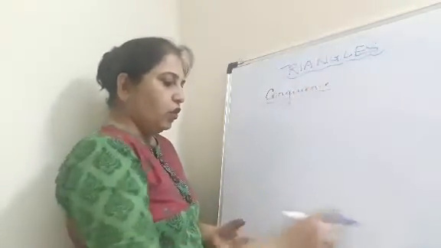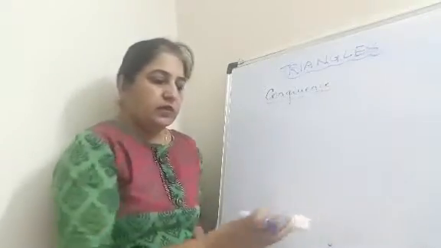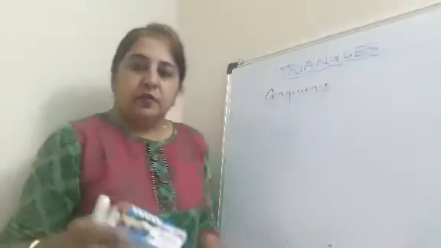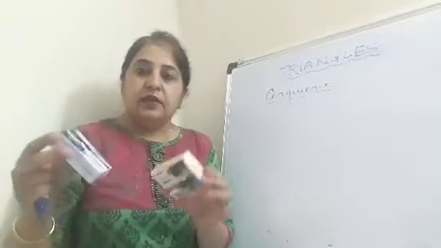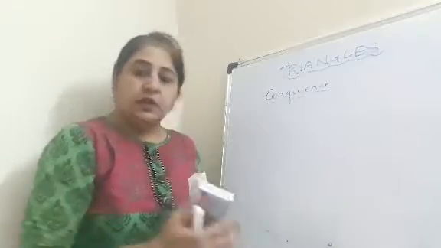Now when I take two objects exactly of the same size and shape, so this is a chalk box. Now there is one more chalk box which I have. See, there are two boxes. These two are exactly the same size, exactly the same shape.